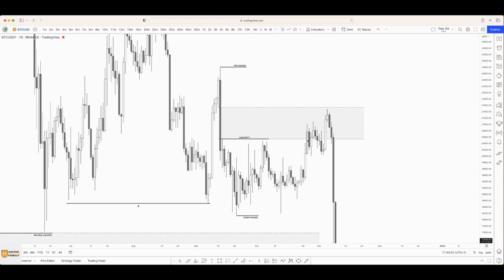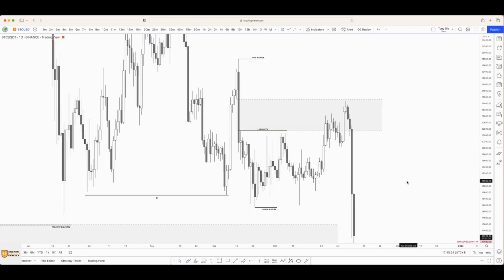So I was able to know that we're going to come for this liquidity to the upside, fill the imbalance. And as you can see, we had many days inside this imbalance before the push down. Price first got into the imbalance on the 26th of October. And then price left the imbalance on the 8th of November, which was yesterday.